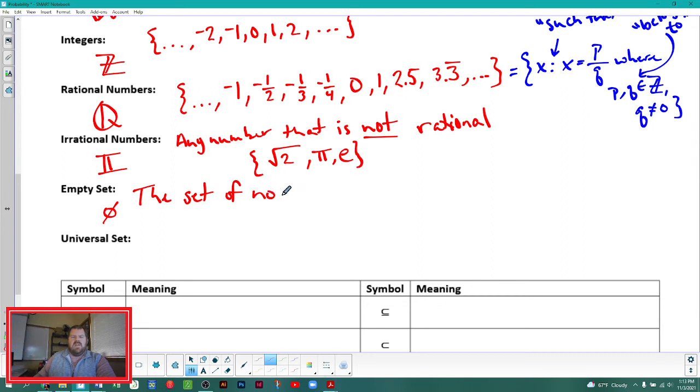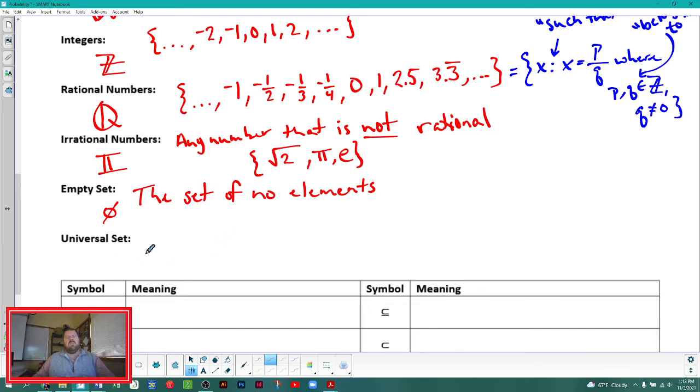I'm going to say the set of no elements. The word element relates to an item in a set. So an empty set is a set with no elements.